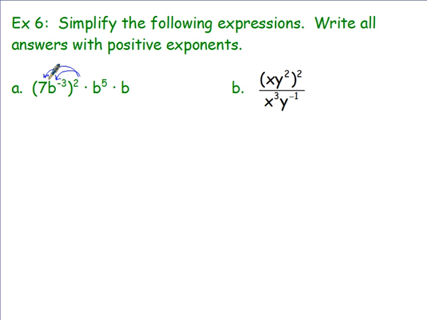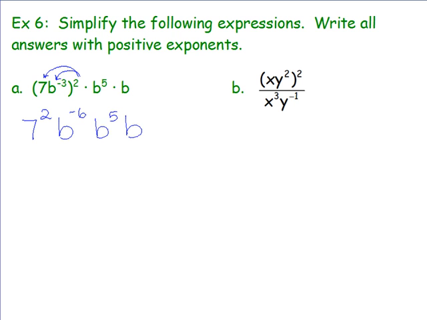So when we are distributing the 2 to the 7, that 7 is a whole number. We are not multiplying. It is 7 to the power of 2. Now let's distribute to the B. 2 times a negative 3 exponent is a negative 6. Then we keep these other 2 guys that we have in the problem.